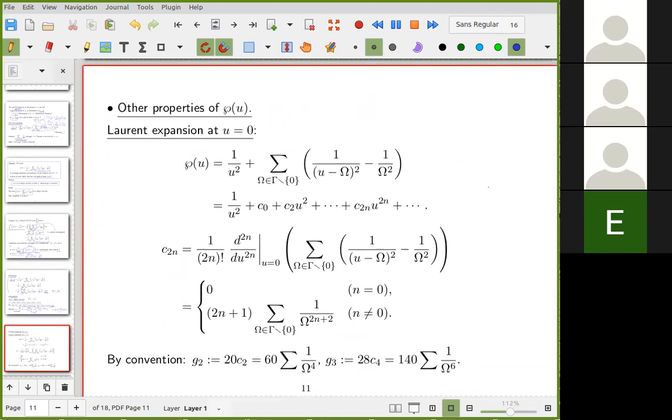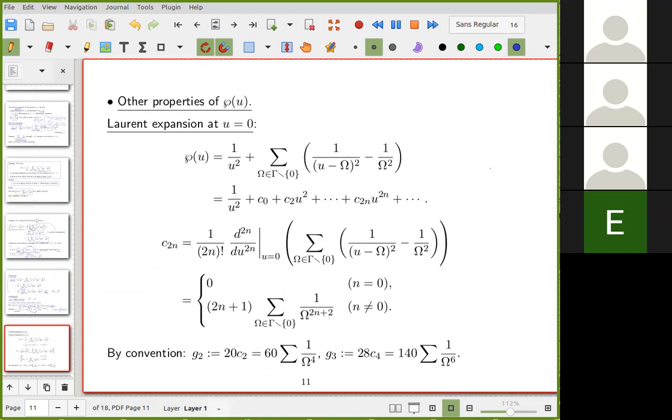Well, there are many good properties of this Weierstrass function. For example, the Laurent expansion at the origin can be computed explicitly because we have a very explicit construction. Except for the singular part, we have such a summation.